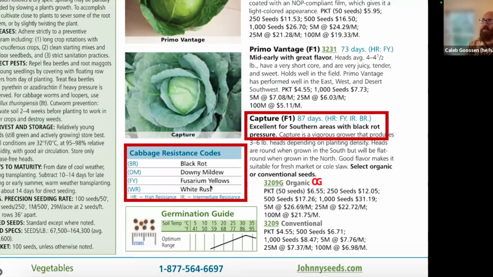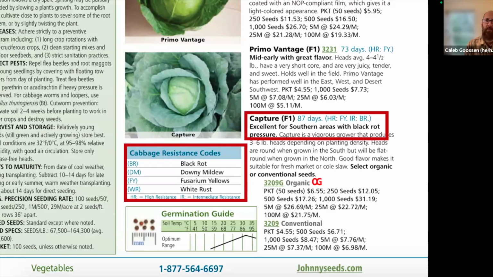Let's say we've had black rot as a disease that we've identified in the past, and it does happen to some cabbages. Then you should probably be looking for a cabbage that has at least some resistance to black rot. This one that we've circled here, the variety is Capture, and it has intermediate resistance to black rot.